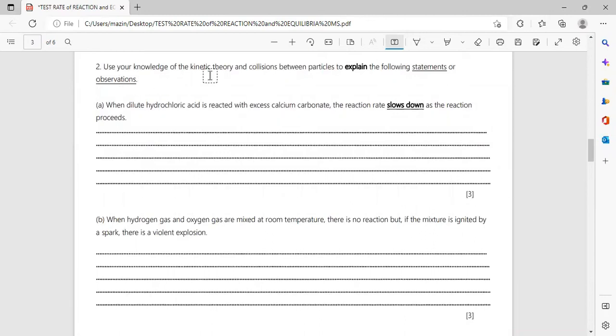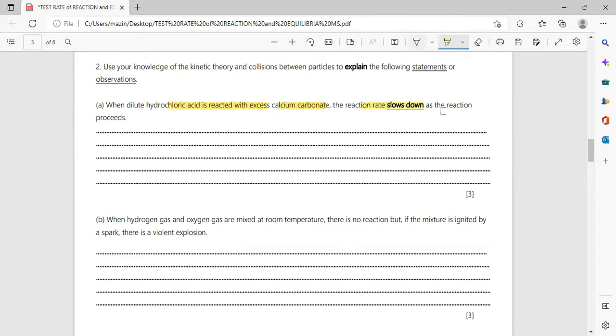Next question: use the knowledge of the kinetic theory and collision between particles to explain the following statements or observations. See the observation: when dilute hydrochloric acid is reacting with excess calcium carbonate, the reaction slows down as the reaction proceeds.